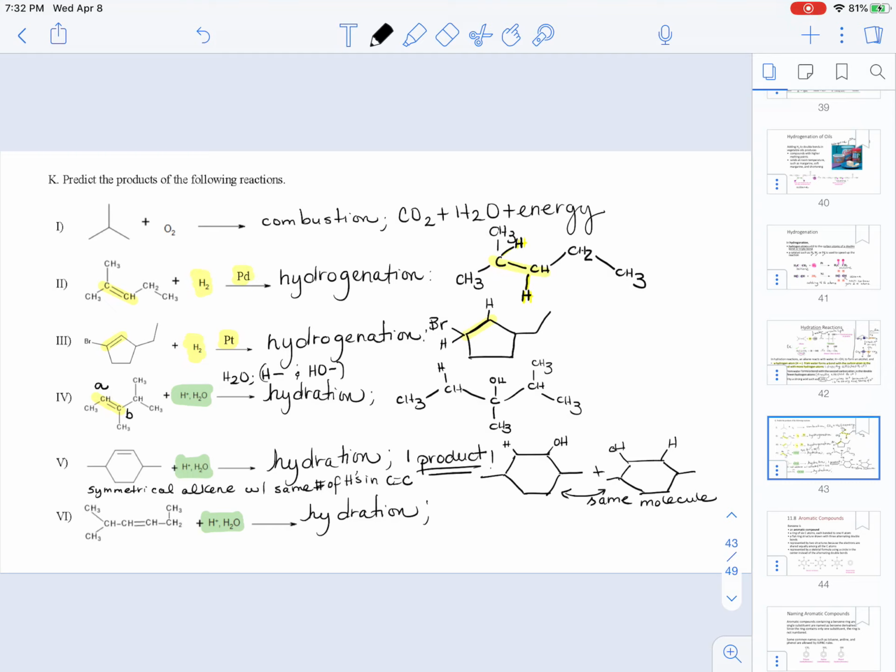So, what about if we have a molecule in which the carbon-carbon double bond is directly attached to the same number of hydrogens, but now the molecule is not symmetrical?